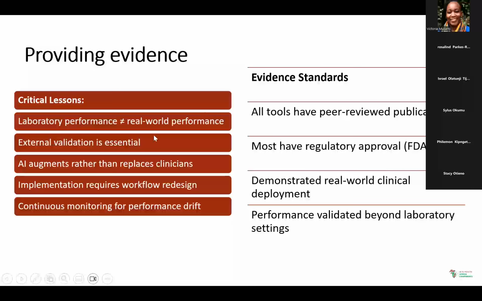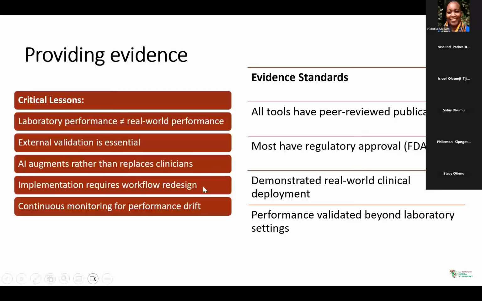Well, first of all, lab versus real world performance is sometimes off, and external validation is essential. We need to use AI to augment rather than replace clinicians. And for those of you who were in my first talk about governance and bias and safety, it comes back to this. We are not looking to replace nurses and doctors and lab assistants. We're looking to support their work.